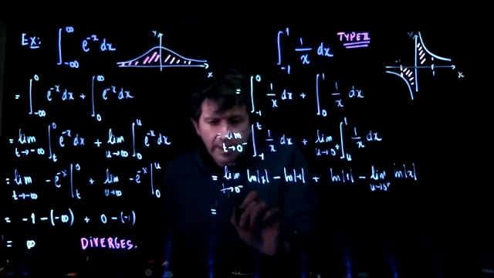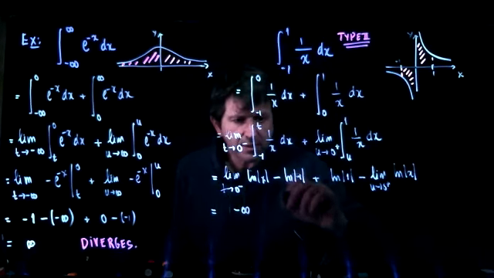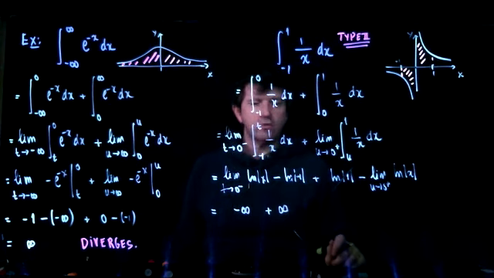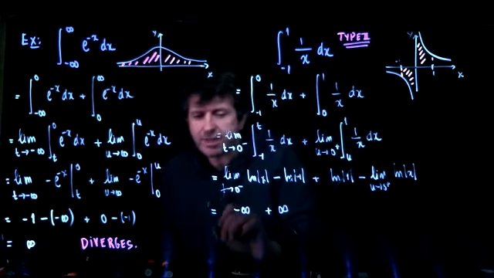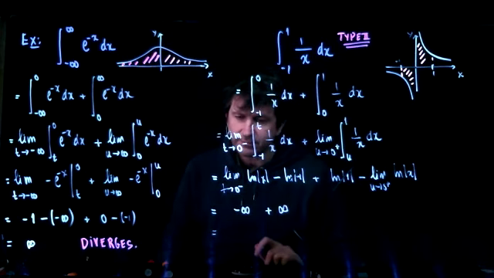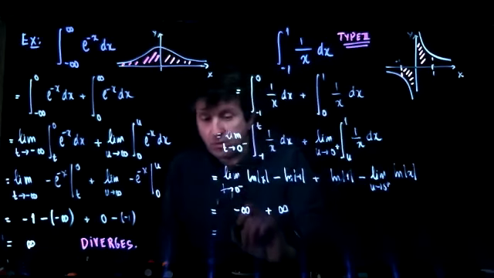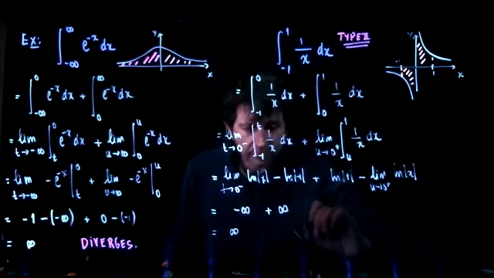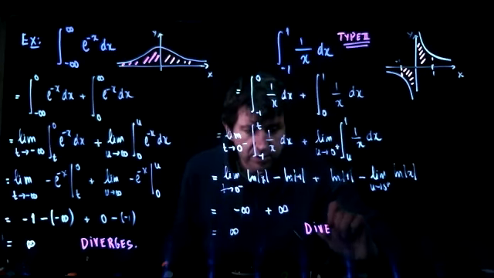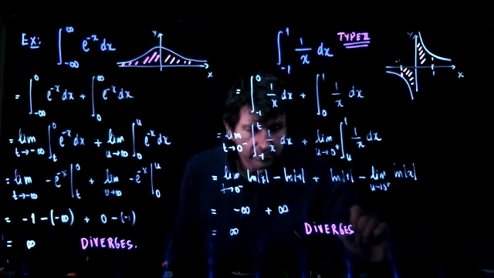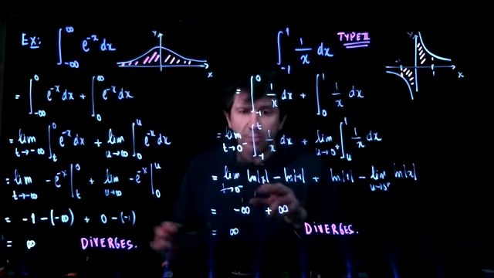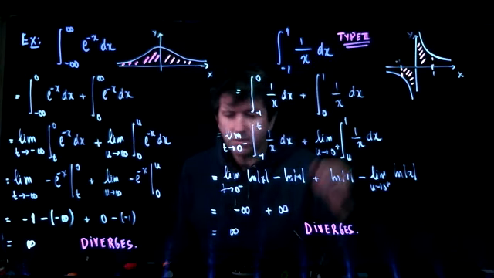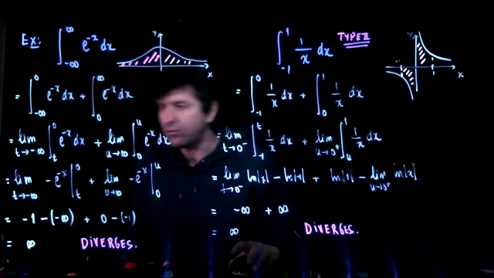If you do this, you will get negative infinity, this is 0, this is 0, and you'll get plus infinity. So I get negative infinity plus infinity. What is that? I don't know what that is. You cannot say that it's 0. They don't cancel out, so it still diverges. At any point when you evaluate, if you get an infinity that appears, you have a divergent integral.